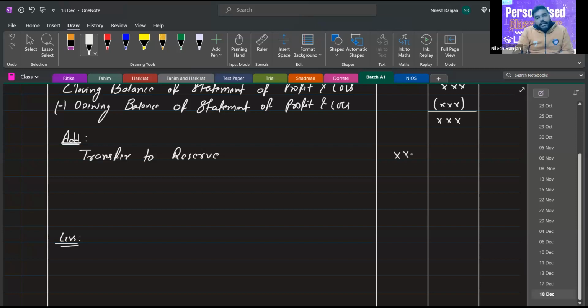So why is it added? This is the most important question here. Why is it added?